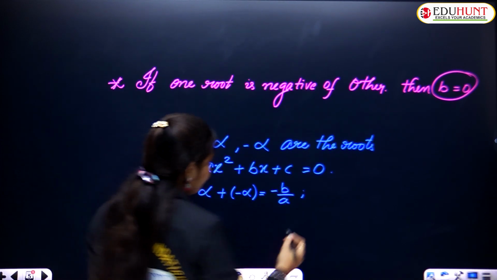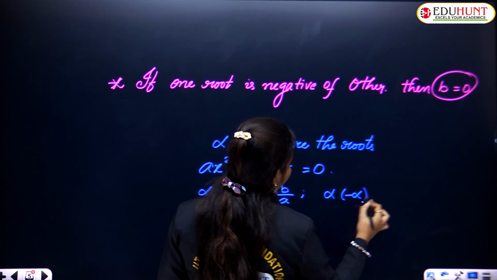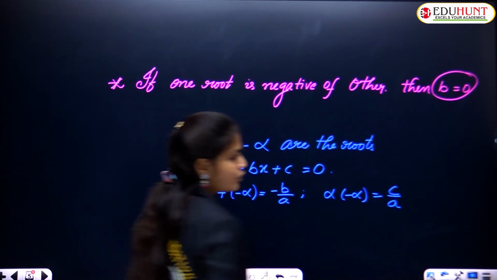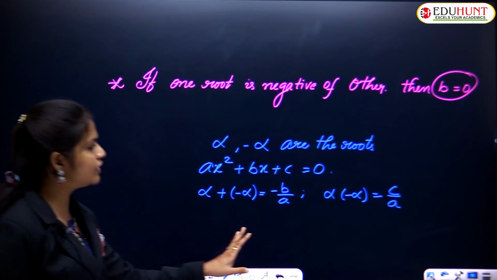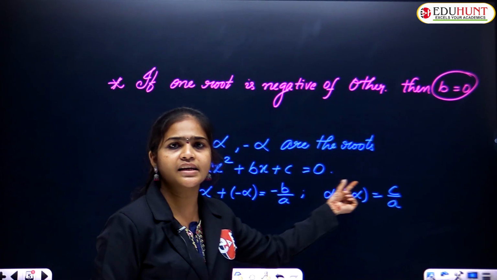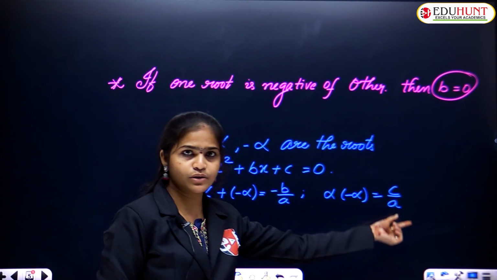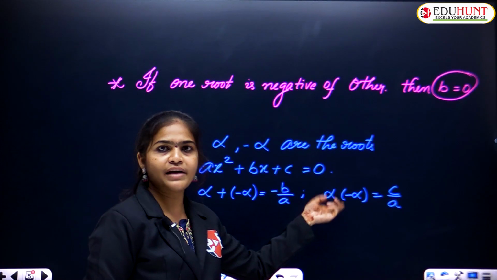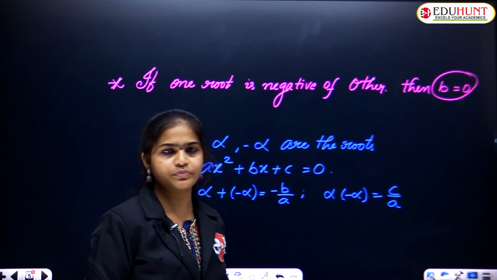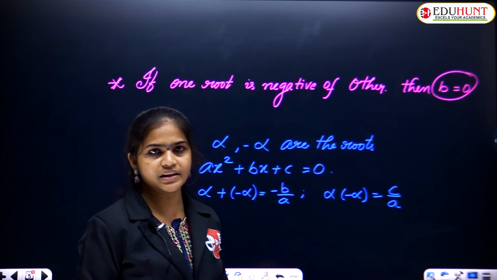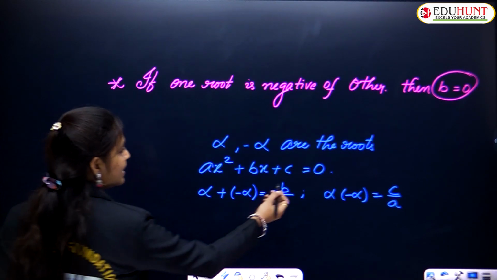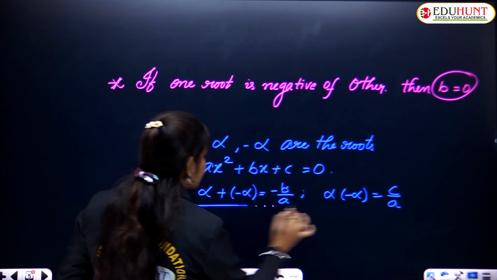In the same way, alpha into minus alpha is equal to c by a, the product of the roots. Here there is no need to go for the product of the roots, because we will get minus alpha square equal to c by a. If we know the alpha value, then we can easily find c by a. Since here the condition is related to b, take the sum.